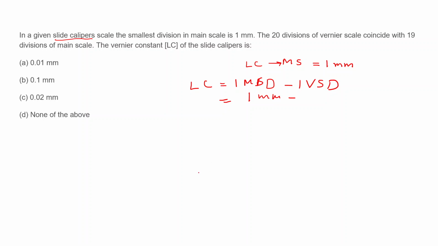It's given that 20 vernier scale divisions coincide with 19 main scale divisions, that means 1 vernier scale division is equal to 19 over 20 main scale division.